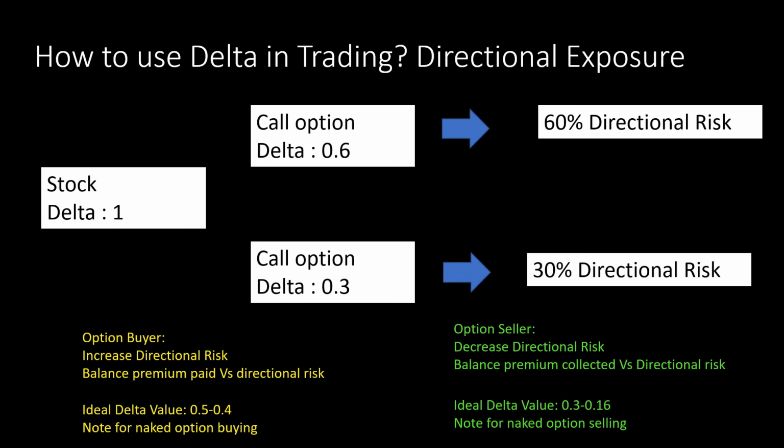So the ideal delta value for an option buyer would be somewhere between 0.5 to 0.4. That is close to at the money or slightly out of the money options, which are best for option buyers. The ideal delta value for option sellers is anywhere between 0.3 to 0.16.